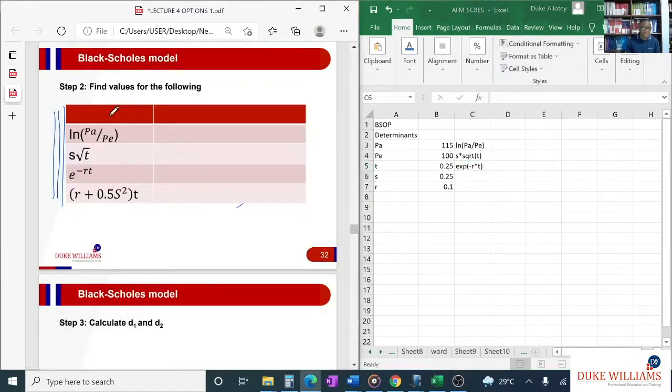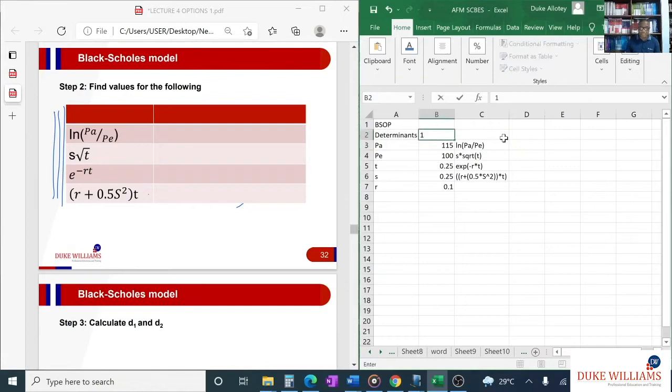Then, what is needed here is to open a bracket for r, add on in brackets 0.5 multiplied by s raised to the power 2, close it, and then multiply by t, and close it. So let's say this is my step number one, and this is going to be step number two.